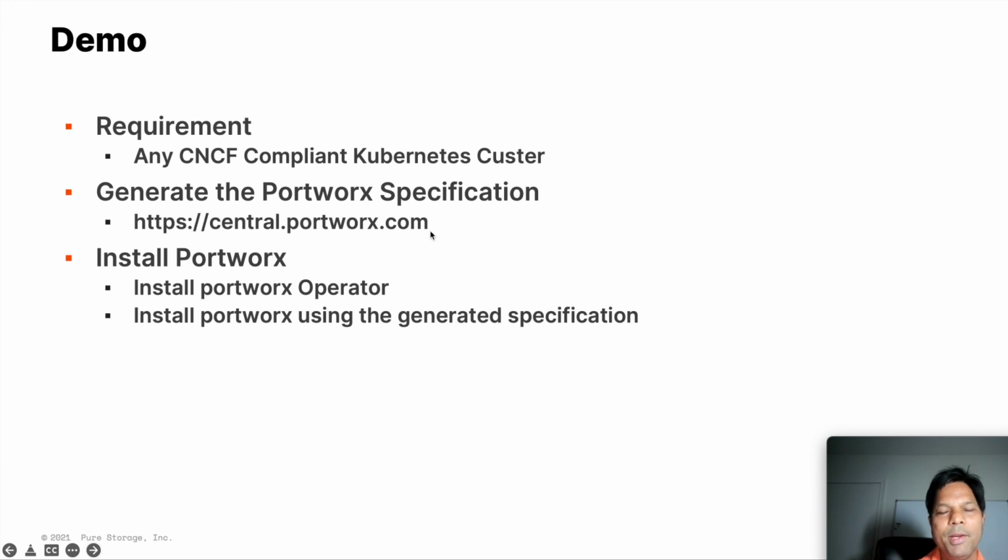If you go there, you can easily generate a specification for your needs, download that specification, and deploy it using the kubectl command. So it is just two straightforward commands. I'll show the demo, and I'm sure you'll enjoy it and learn how to easily install Portworx.